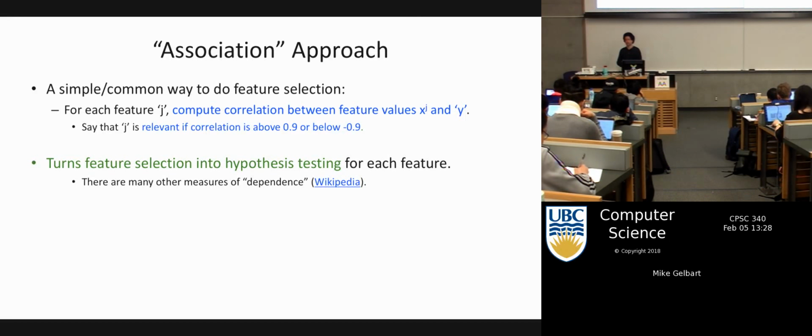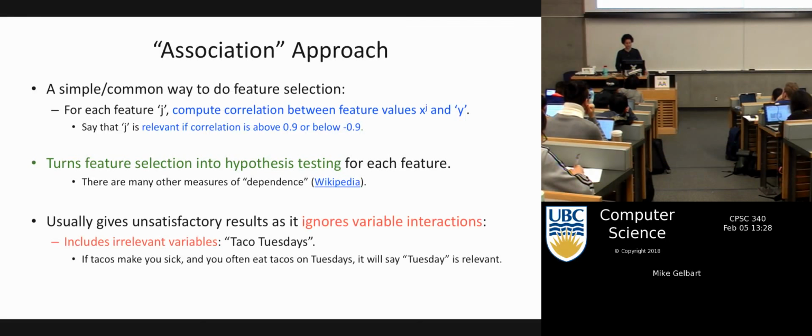There's a branch of feature selection based on statistical hypothesis testing that we're not really going to go into, but it's worth knowing that it exists. This particular approach, just looking at the correlations, is a problem because it looks at each feature independently. It doesn't take the context of the data set into account, which relates to Connor's question.